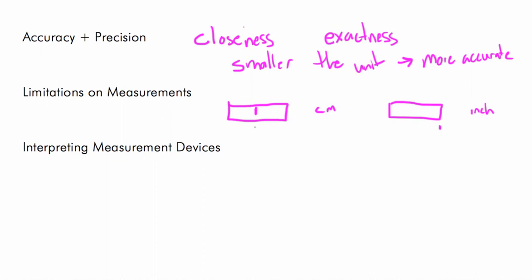And if this was to the centimeter, the only way I can really accurately talk about things is to the centimeter. I shouldn't be talking about millimeters. Here I shouldn't be talking about third inches or half inches. Interpreting measurement devices, that's kind of all contained here. And when I say interpret, I mean look at and think about and decide what units you're talking about.